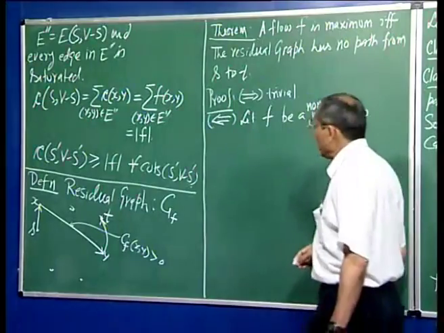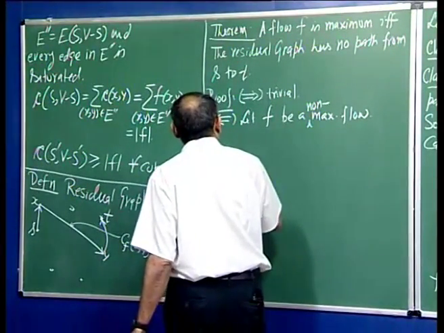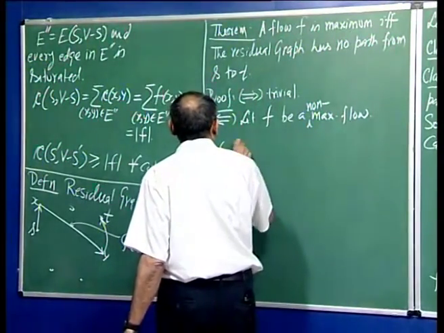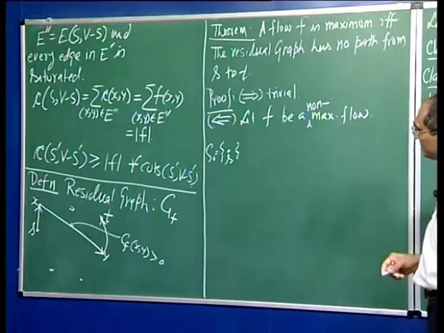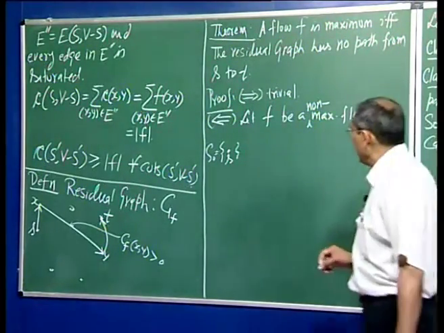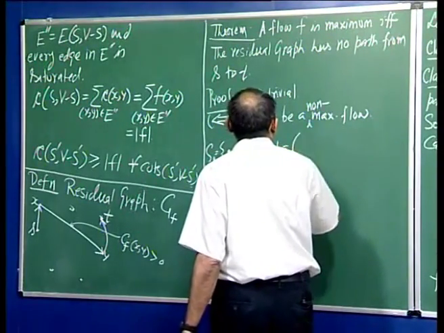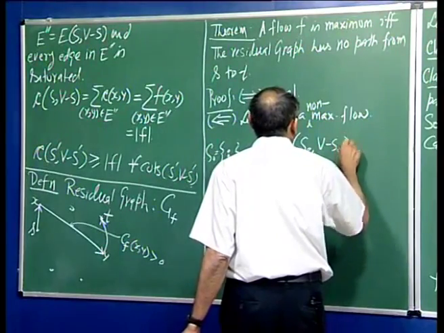So, how do we proceed? Let us start with a set S naught equal to just vertex S. I have just the vertex S in this set. Then we can define a cut S naught comma V minus S naught. This is a cut.